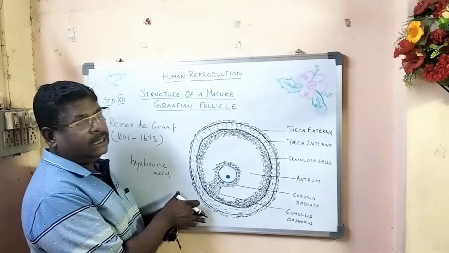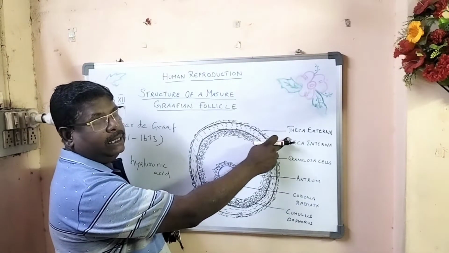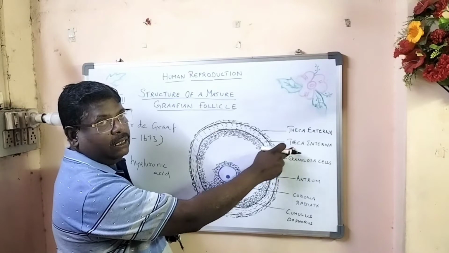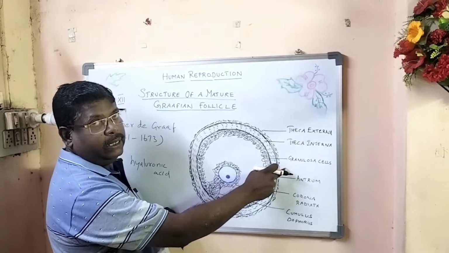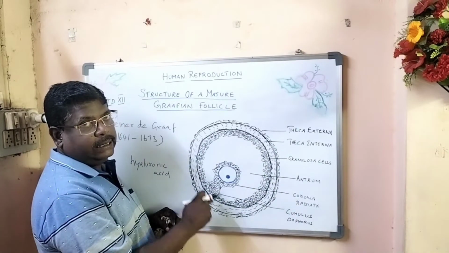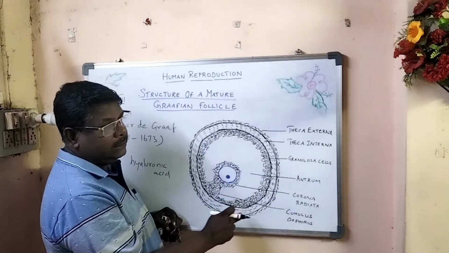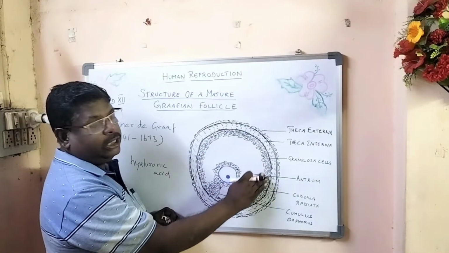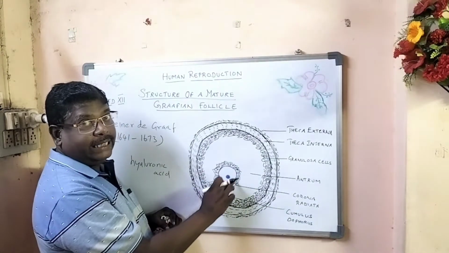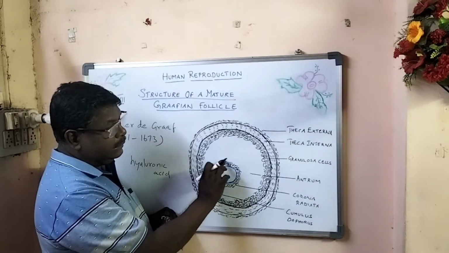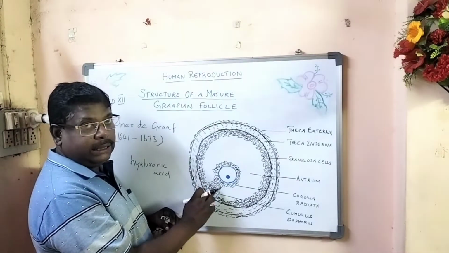So this is the structure of the mature Graafian follicle. It has two layers, namely theca externa, the outermost layer, and theca interna, the innermost layer, followed by multi-layered granulosa cells. Then comes a big cavity called antrum, again filled with fluid. Then this structure is the oocyte or ovum, surrounded by a cluster of granulosa cells.